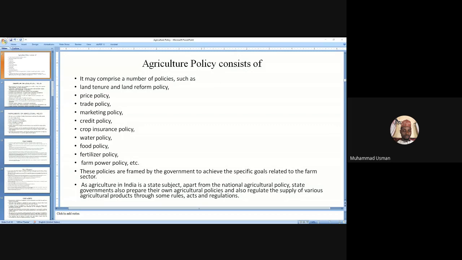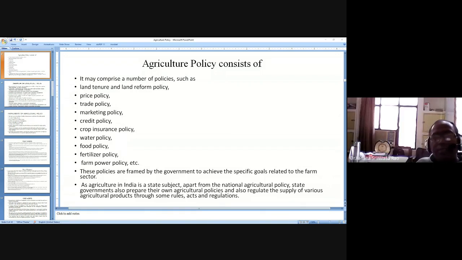So the crop insurance policy is also very important in that way.